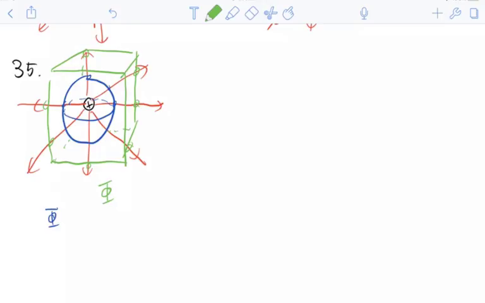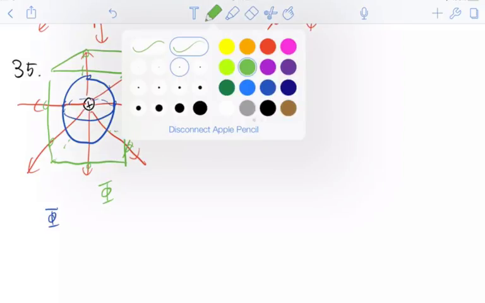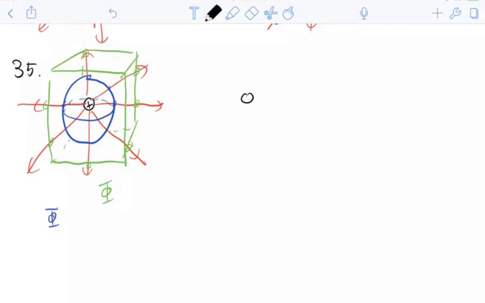I'm going to draw it from the side here so we can talk about it a little bit easier, so I can make my point a little bit easier.